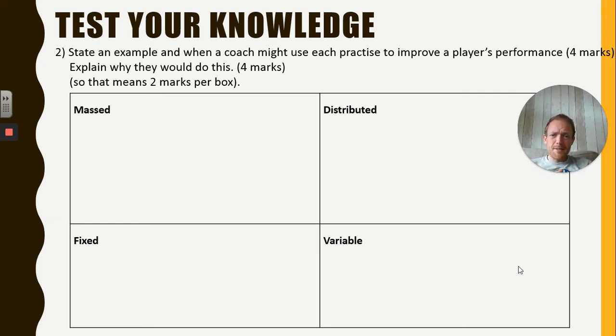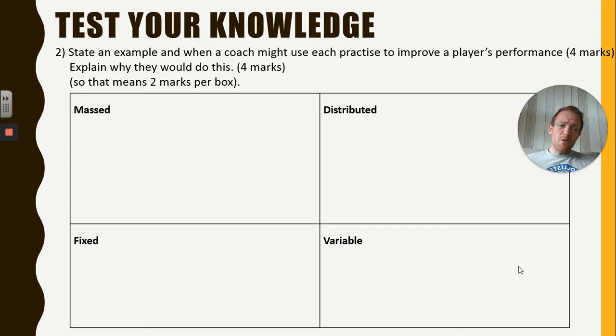I've put this on Teams for you to do with one quick exam question on there, a one marker. So that'll take 30 seconds. All you've got to do is test our knowledge of what you've just learned. State an example of when a coach might use each of these practice structures that we've learned today to improve a player's performance.